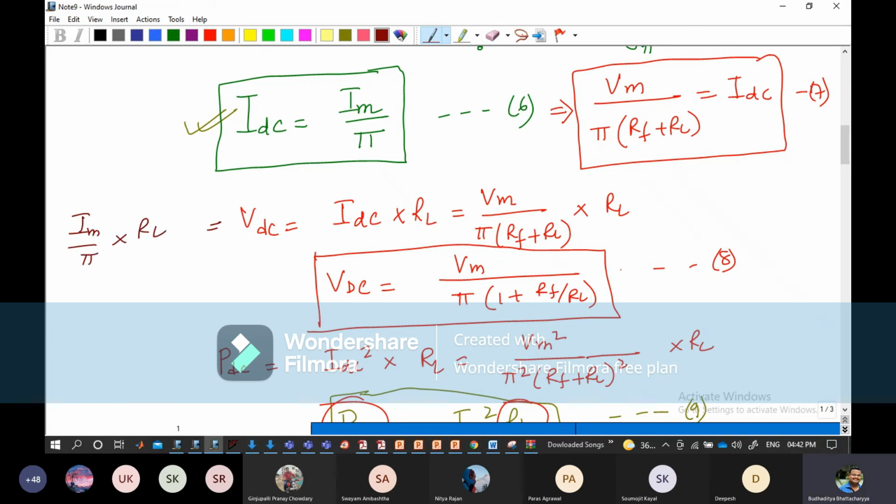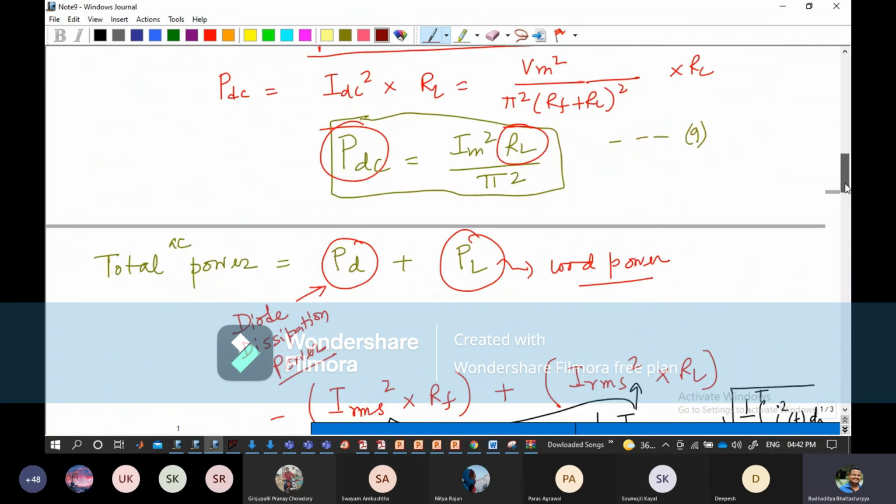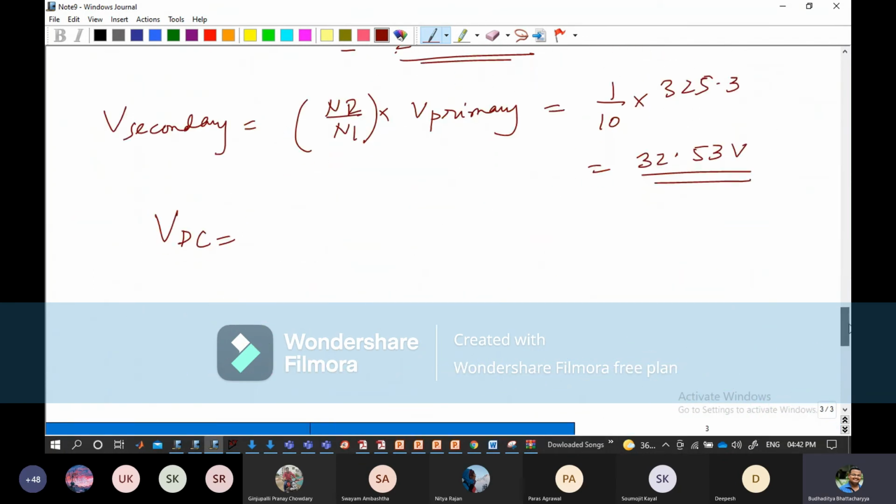All right. And also in terms of our case for this transformer equation, as mentioned over here, VDC is nothing but V secondary divided by pi. Because IDC into RL, and IDC is equal to Im by pi into RL. So Im into RL is nothing but V secondary, because this is Im into RL by pi.